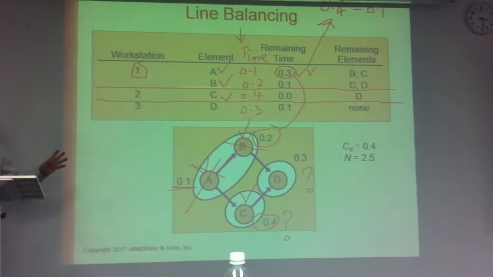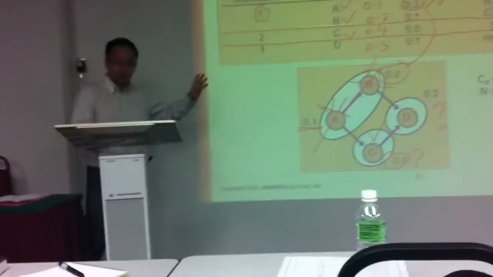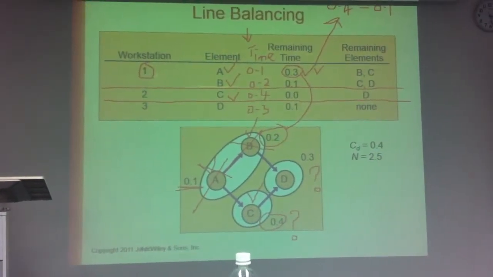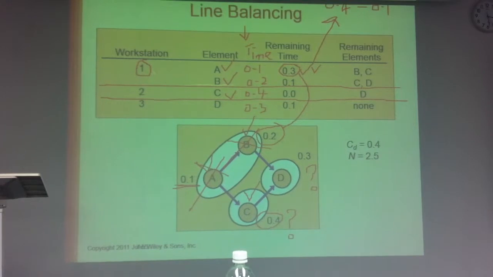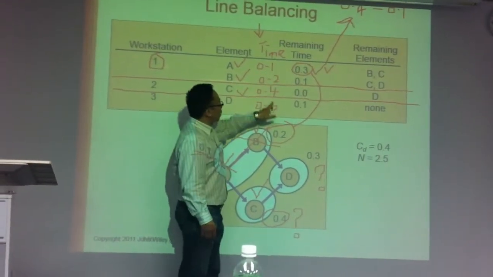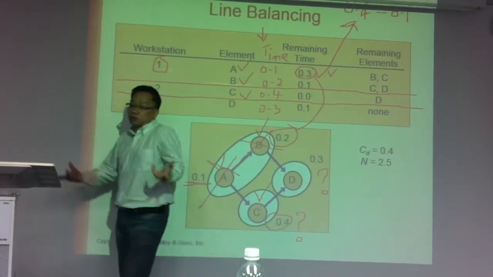But sometimes actual can be different from your theory. If two workstations have the same value, how would you choose? If it's 0.4, 0.4, 0.3, you choose 0.4. Whichever is higher, it doesn't matter.